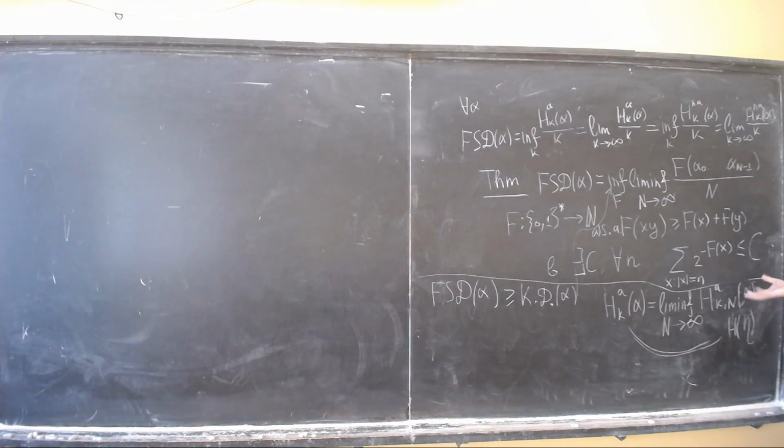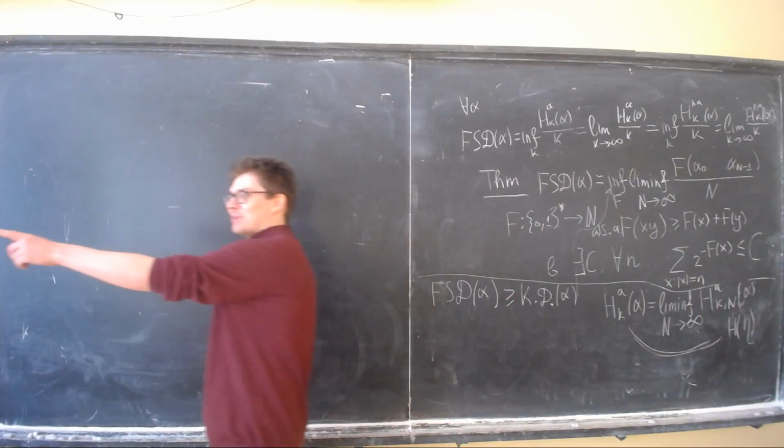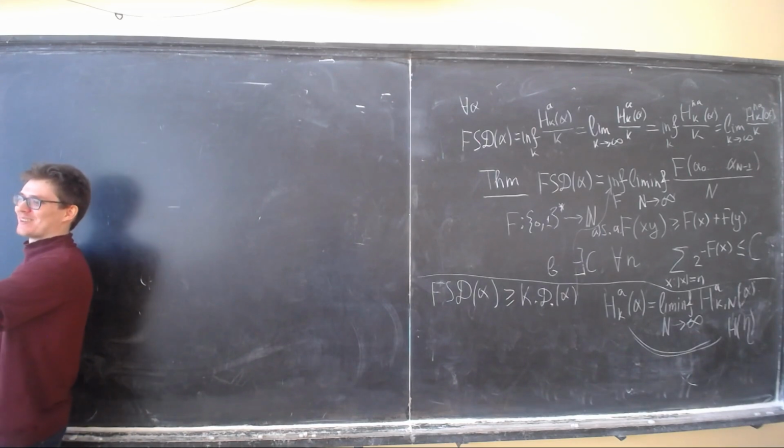So here I have some sequence of distributions, and I can take a limit point such that its entropy is equal to this thing. Now I want to upper bound. So eta is a distribution on k bits.